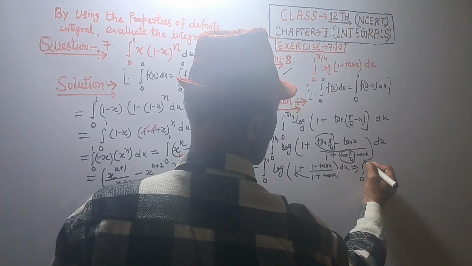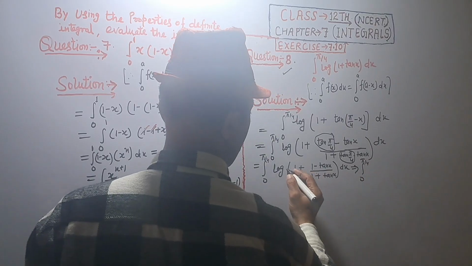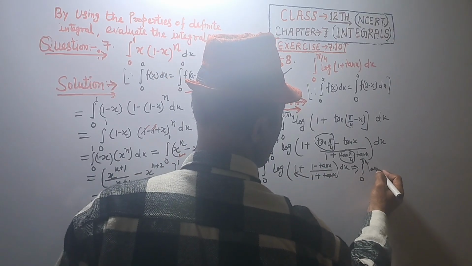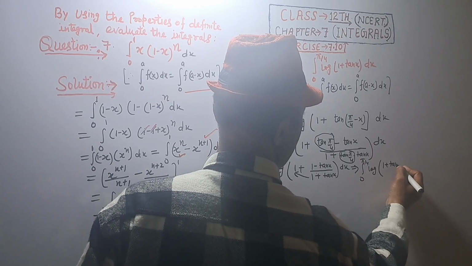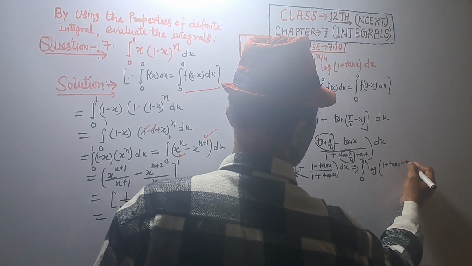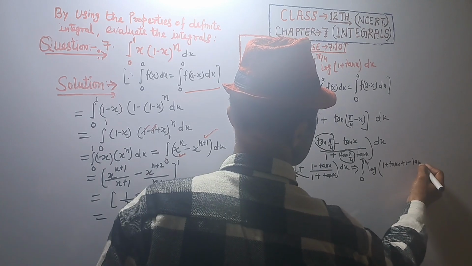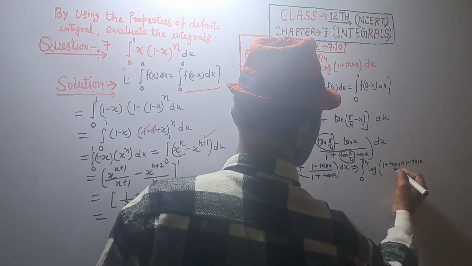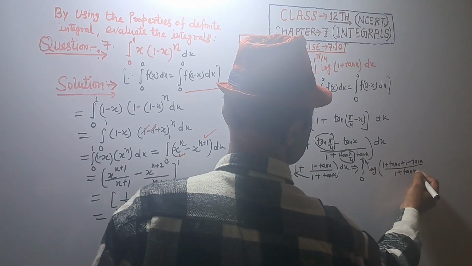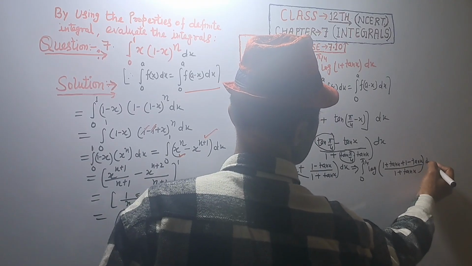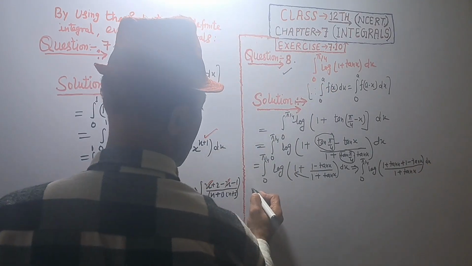Taking 1 plus tan x multiplied by 1, this implies limit 0 to pi upon 4 of log of (1 plus tan x plus 1 minus tan x) divided by LCM (1 plus tan x) dx.